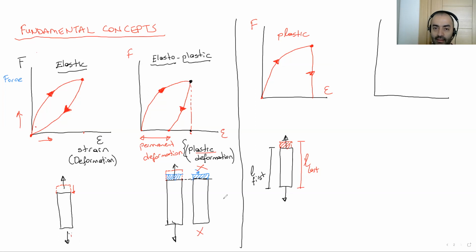And the last behavior is almost similar to the first one. This is F, this is epsilon. In this member, we increase the load.